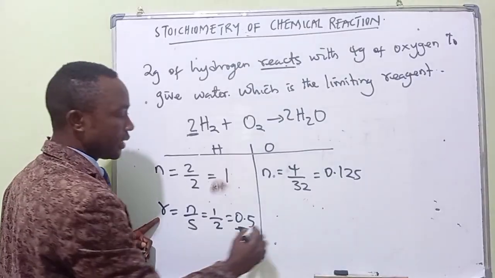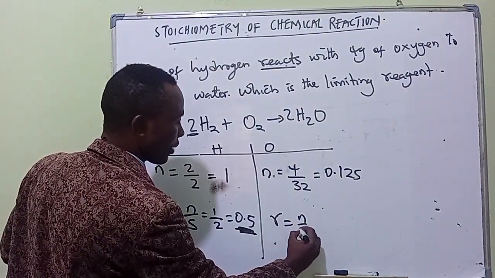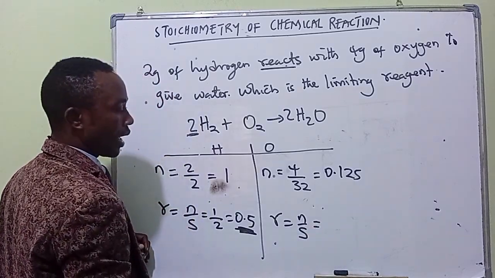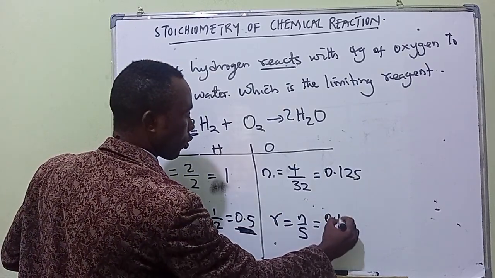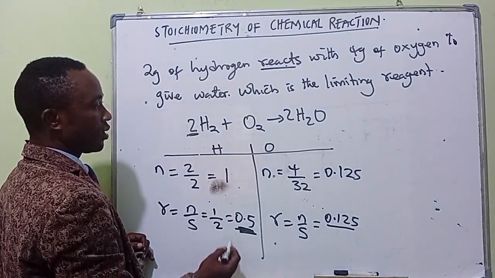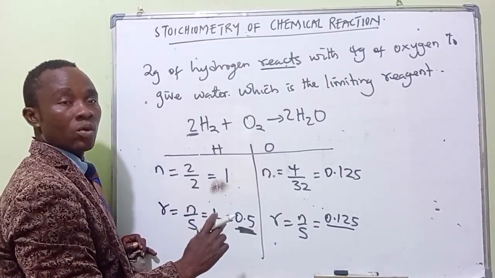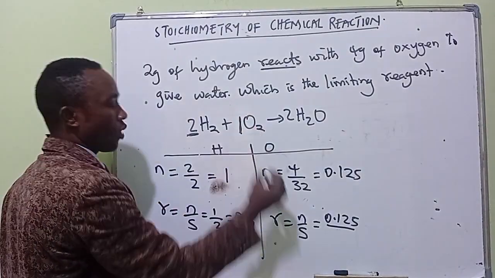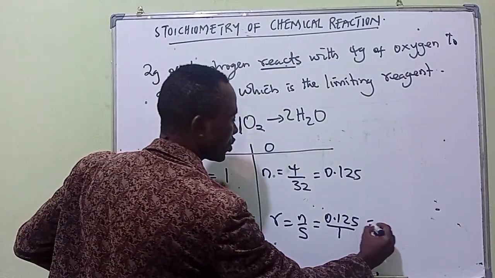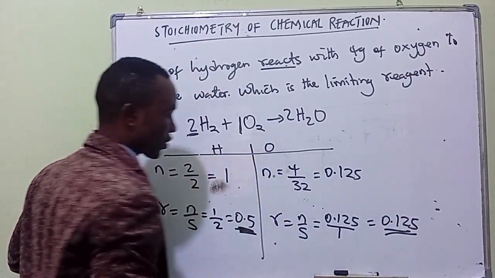Then the ratio of mole for oxygen, this side, is the number of mole divided by the stoichiometric number of mole, and the number of mole is 0.125, divided by, of course, the stoichiometric number of mole of oxygen, that is the number of moles in the balanced equation, which is 1. So divided by 1, this will give us 0.125. That is the answer for ratio of mole.